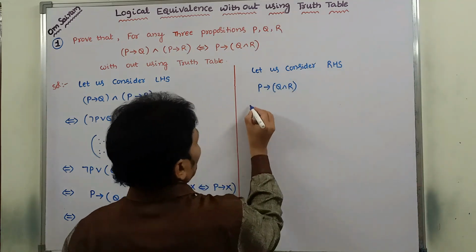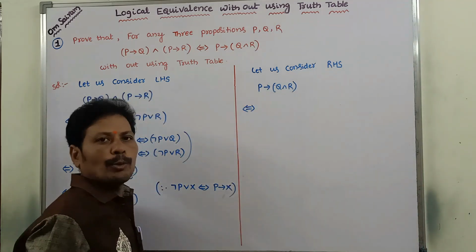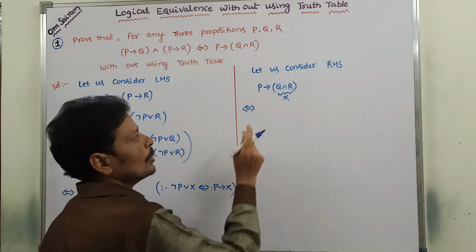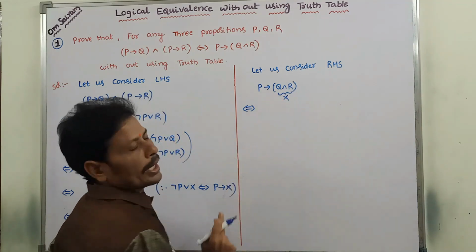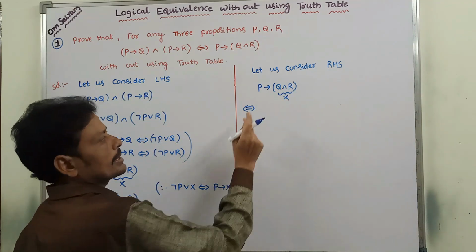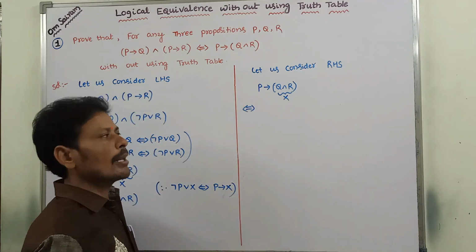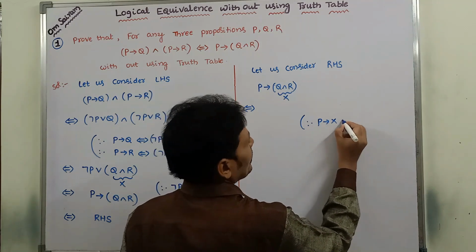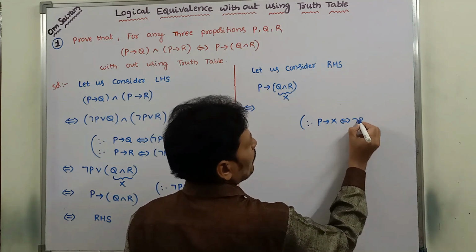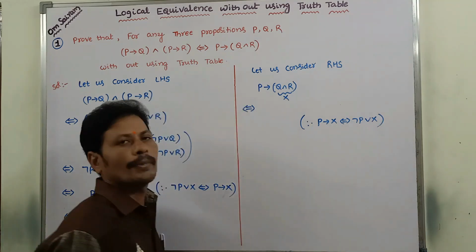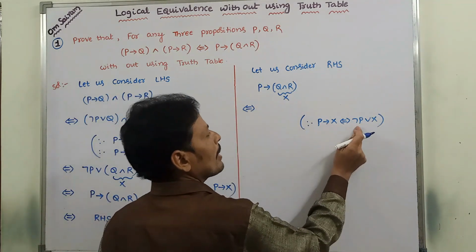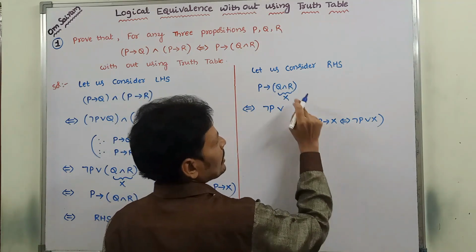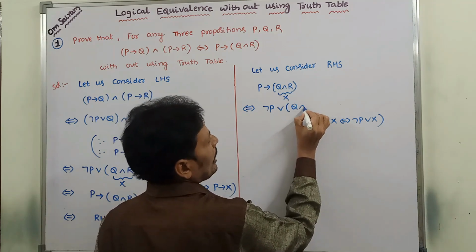Now we already know that this can be taken as X. After taking Q and R as X, simply it is in the form P → X. What is the formula for P → X? That is nothing but ¬P ∨ X. So in the place of P I am writing ¬P, or, and in the place of X, Q and R is there.